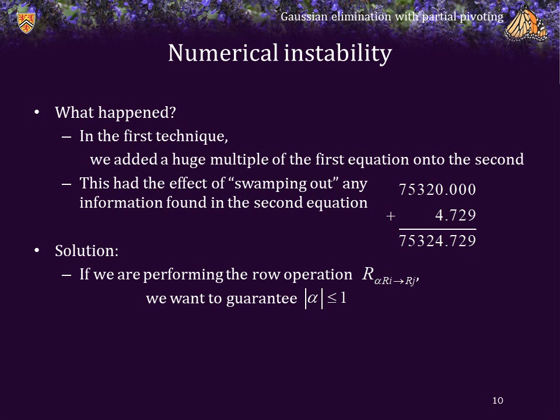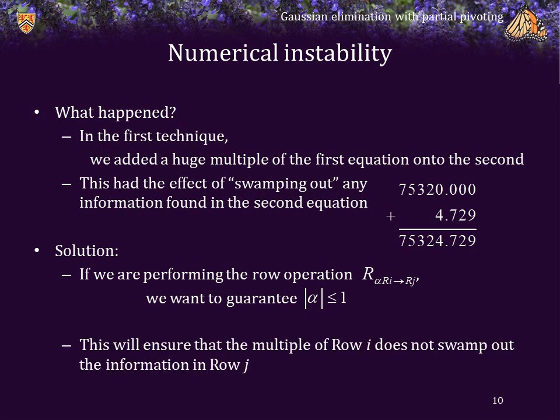That is, we want to guarantee that the absolute value of the scalar that we are multiplying row I by is less than 1. Basically, this will ensure that the multiple of row I does not swamp out the information in row J.